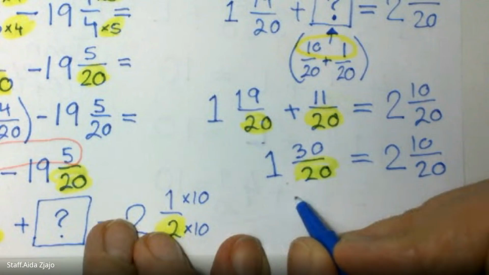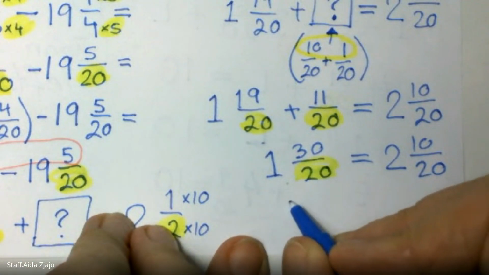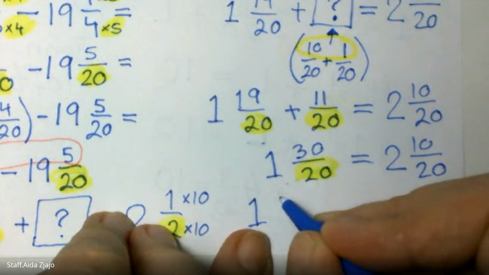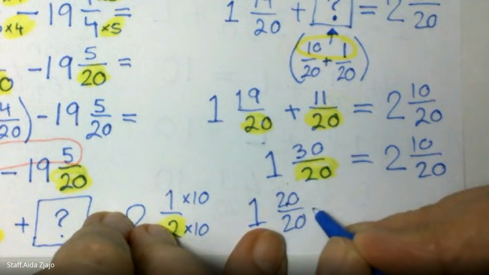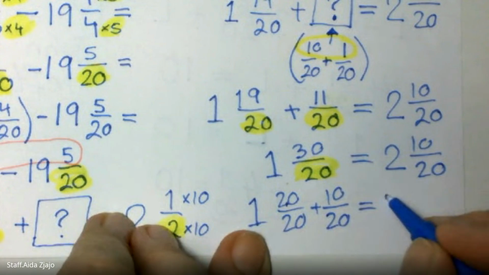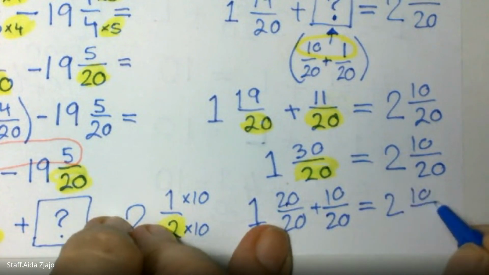So this will be 1 whole, and then 20/20 plus 10/20 equals 2 wholes and 10/20.